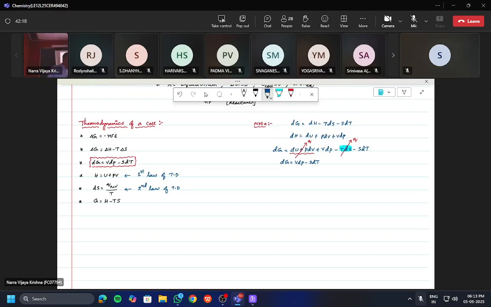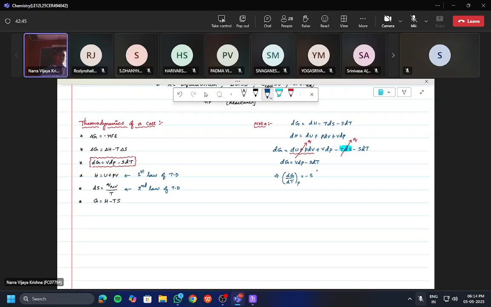Next. If I am assuming pressure constant, then what is dP? If dP is 0, then what is dG equal to? Then can I write dG upon dT at constant pressure is equal to minus S?